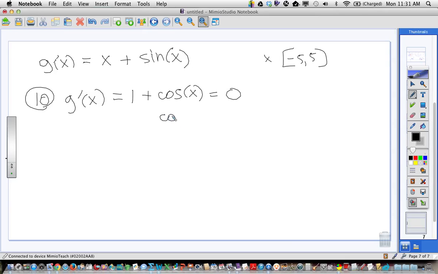So we subtract 1 from both sides. Where does cosine x equal -1? So if you're a unit circle kind of guy or gal, cosine is the x. Where does it equal -1? That'd be at pi.